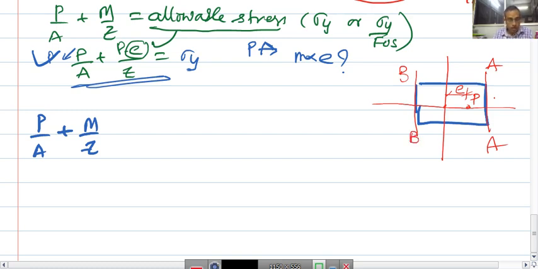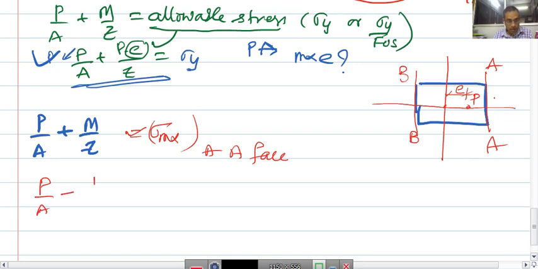For the AA face what I wrote is the total stress, the maximum stress, is this, but this is for the AA face of the column. But actually if you look at the BB face, P by A minus M by Z is to be taken as stress, and that I said is the minimum stress on face BB.